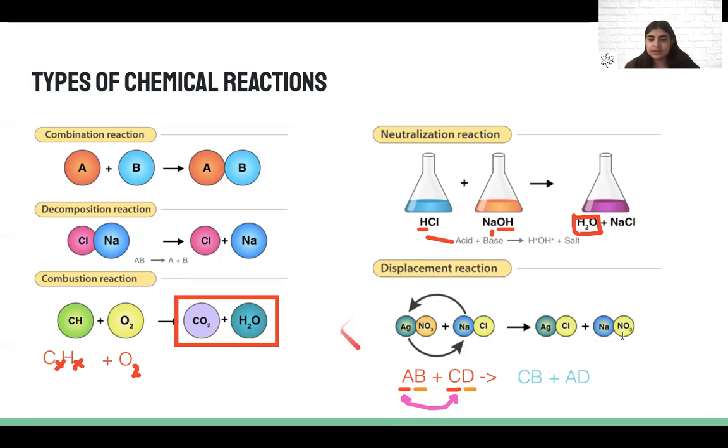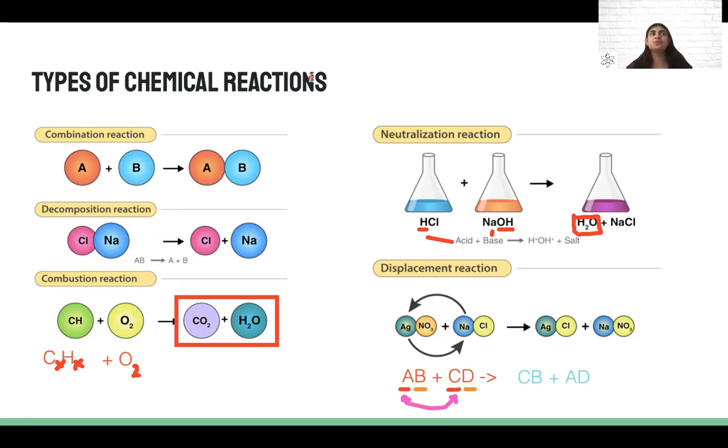So for example, here is an example of a displacement reaction. So we have AgNO3 plus sodium chloride, and we see that the sodium is a metal, and silver, which is Ag, is also a metal. So they're switching places to make sure that you get two new products, but that each of the two new products has both a metal and a non-metal.